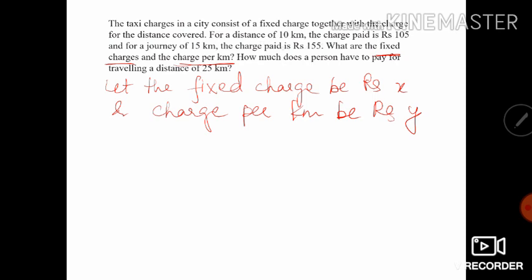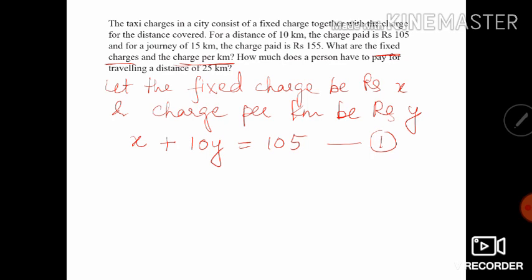For a distance of 10 kilometers, the charge paid is 105. A person, when travels 10 kilometers, pays a fixed charge X and pays 10Y for traveling 10 kilometers. So X plus 10Y should be equal to 105. This is the first equation.